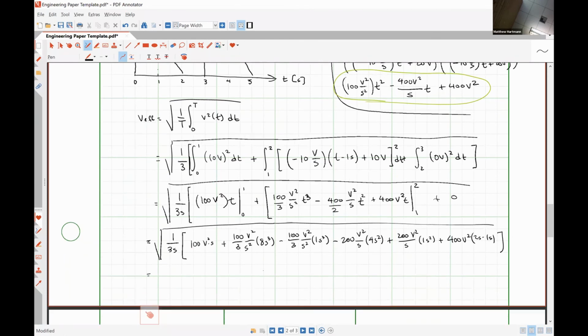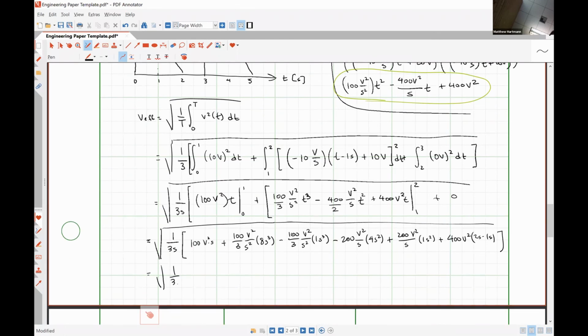So what I have is the square root of 1 over 3 seconds times 400 over 3 volts squared seconds, which is going to give me the square root of 400 over 9 volts squared, which is 20 over 3, or 6.667.